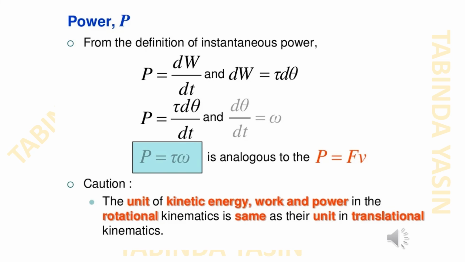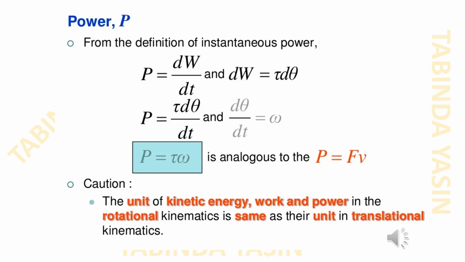Now to define the power for the rigid body, the definition of the instantaneous power P is equal to dW over dt, where W is the work done and dW is equal to tau d theta. Substituting the value, we have P is equal to tau d theta by dt, and we know that d theta by dt is equal to omega, so we can write P is equal to tau omega.